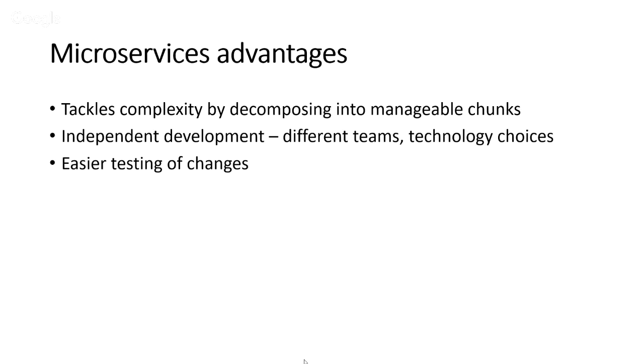It might become easier testing the changes done internally within the microservice, because now you have a smaller manageable chunk of functionality, which has a very well-defined interface. So if you do some change in the internal workings of that microservice, it's easier to test because you just test that smaller chunk of functionality. You can do independent deployment.